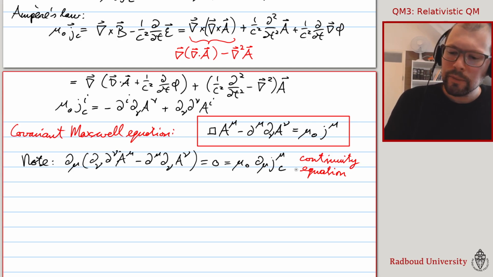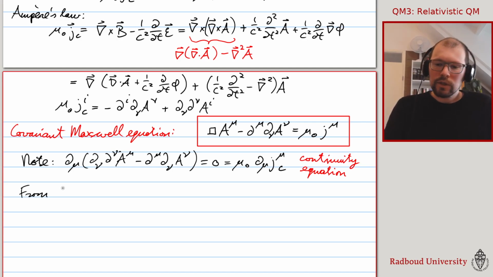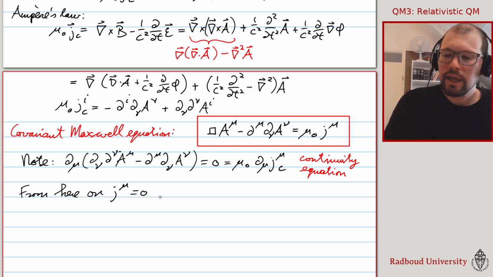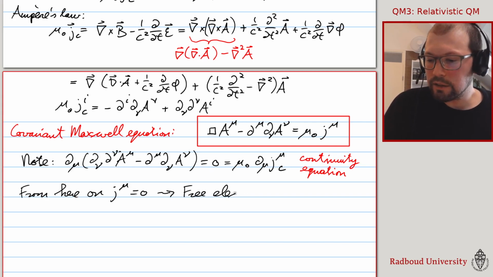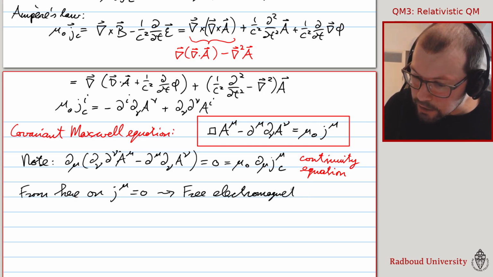Now from here on out, we're only going to look at electromagnetic fields in vacuum, so no charged particles present. So we're going to set J mu equal to 0. And the equation that we then get is what we call the free electromagnetic field equation.